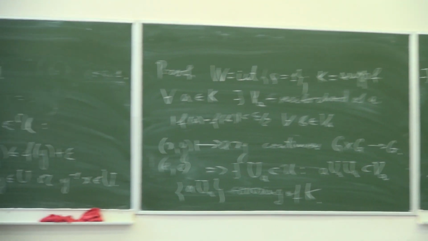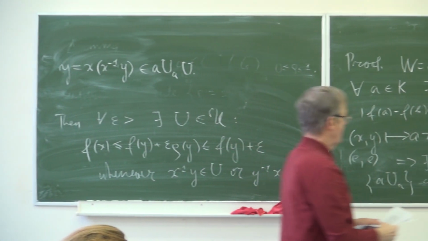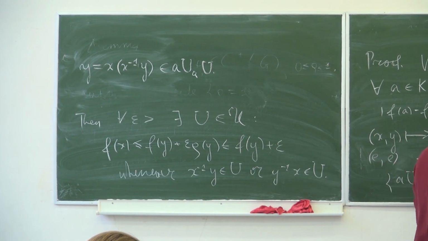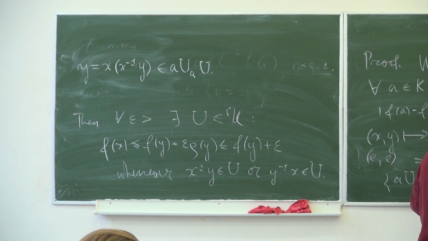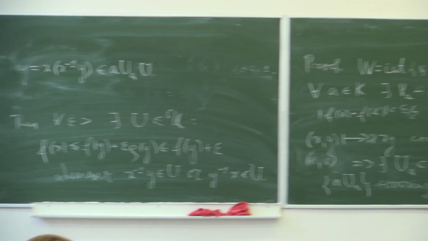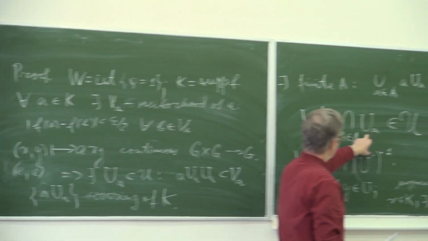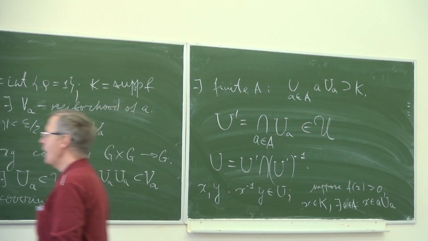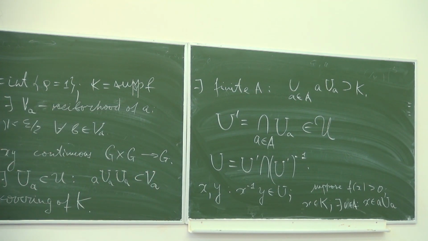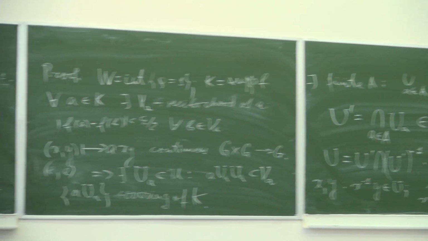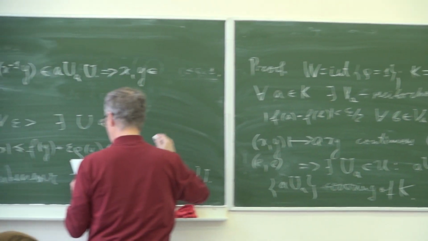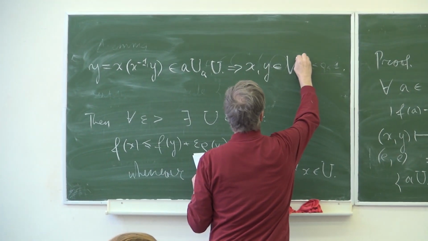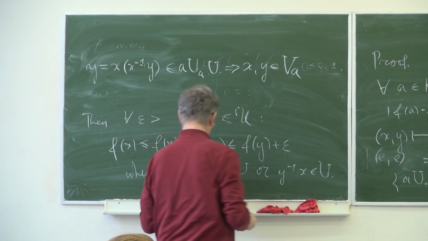Well, and what about U? It was the intersection of all these U_a. So anyhow, from all these inclusions, it follows that both x and y are in V_a.